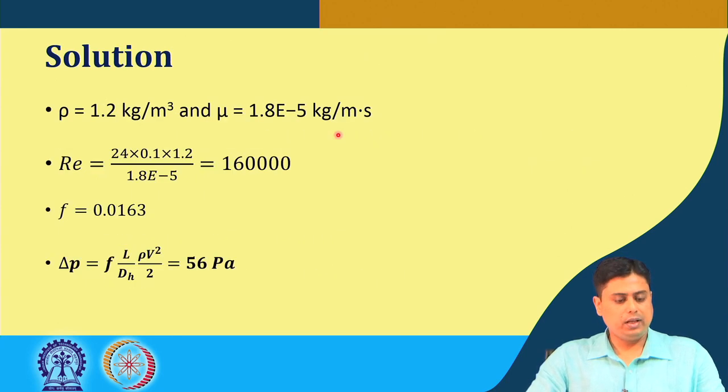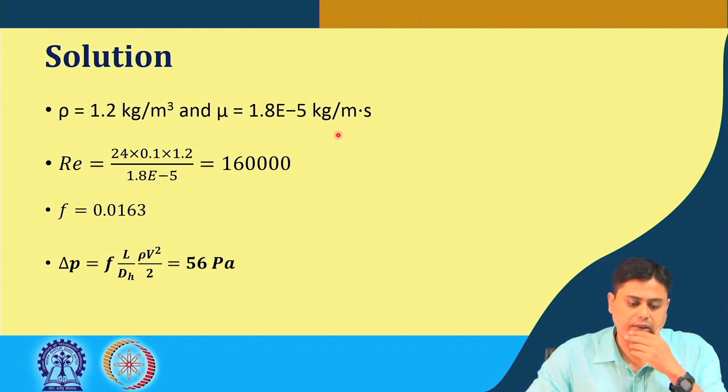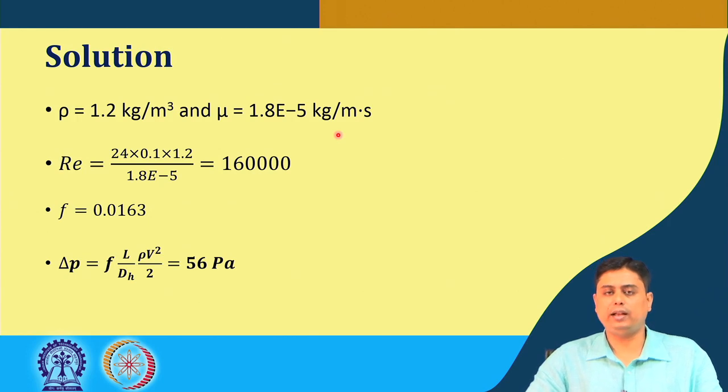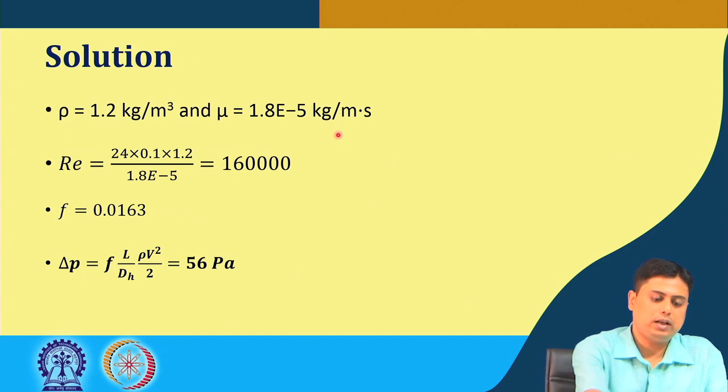So, to begin with this problem, we require these physical properties, that is the density of air and the viscosity of air at that particular temperature and pressure. That can be found easily in the textbook, or for the time being you can take note that these are given.